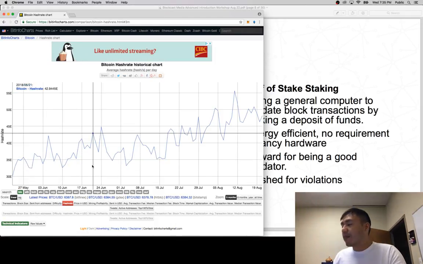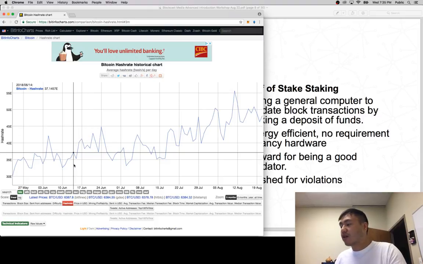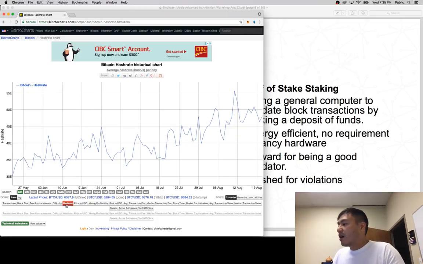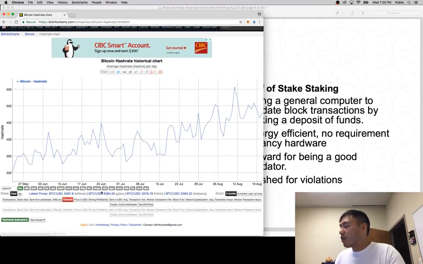It is very high. I believe it hit a record not too long ago. So you can see more people are contributing resources to basically secure the network and to find these new Bitcoin. So it gets harder and harder every time this hash rate keeps going up.